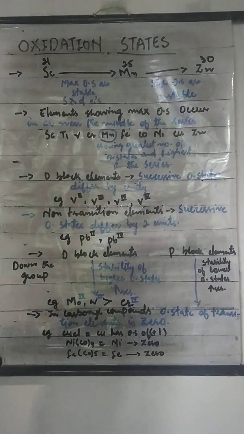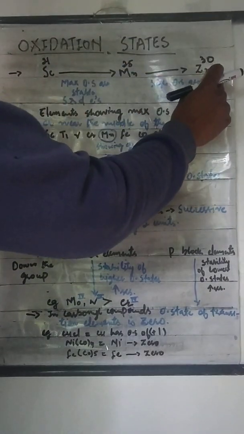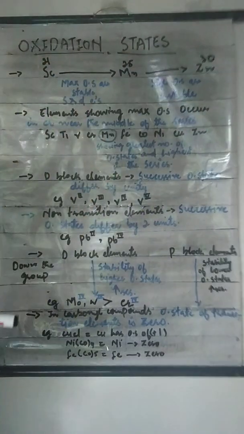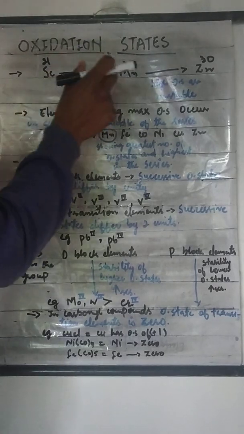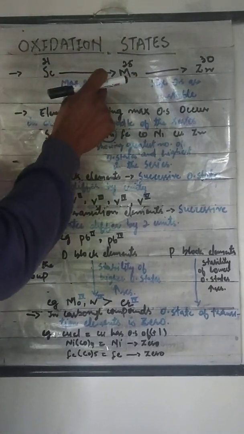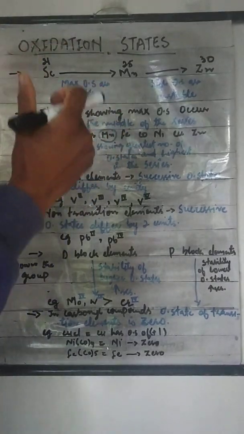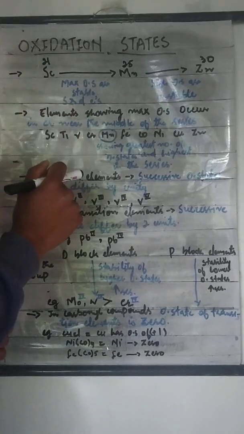The very first point is that when we move from left to right in a series, or in a row, up to the middle of the series, when we move from scandium to manganese, maximum oxidation states are stable, and those oxidation states involve electrons from S and D subshells.